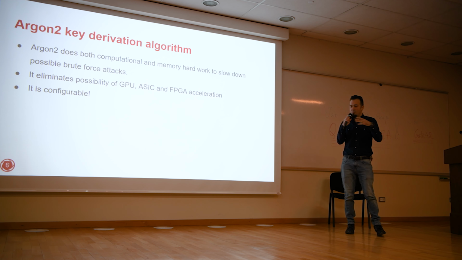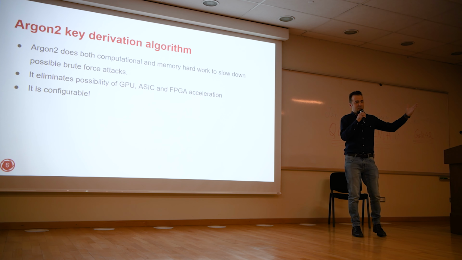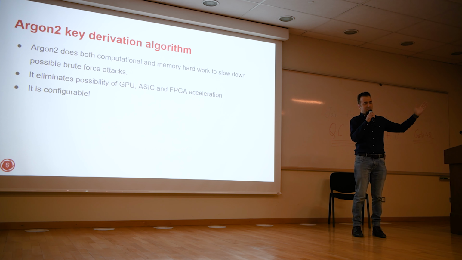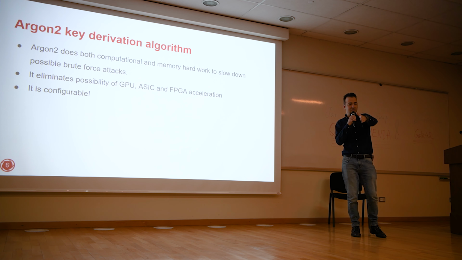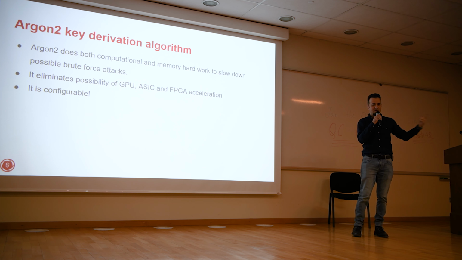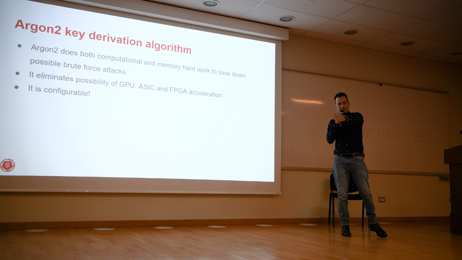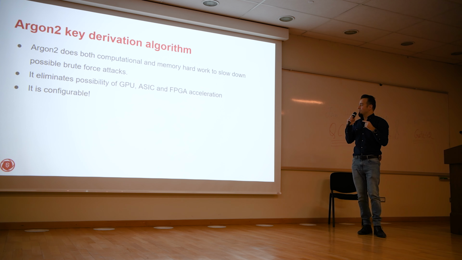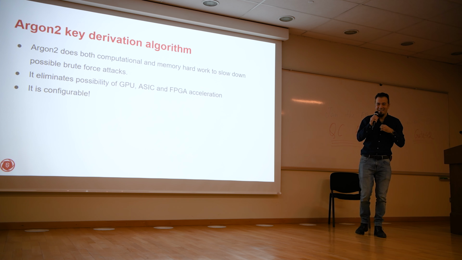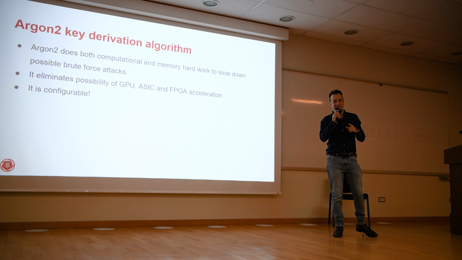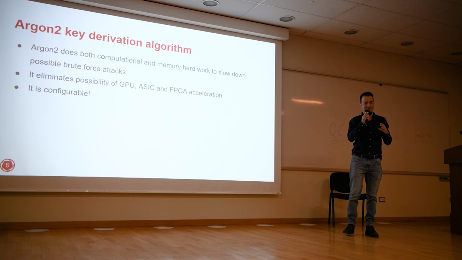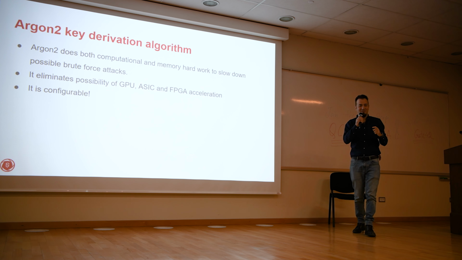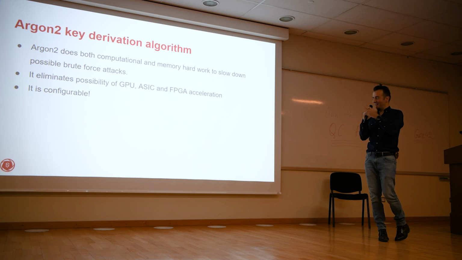So what we can do, for example, is hash not once, but many times. Take a hash, take the result, hash again, take the result, hash again, do it 10,000 times. So it means for one try, the attacker will need to do these 10,000 computations and then try it once. But if you think about it, thanks to the cryptocurrency boom and crypto mining, we have specialized hardware which does just hashing.